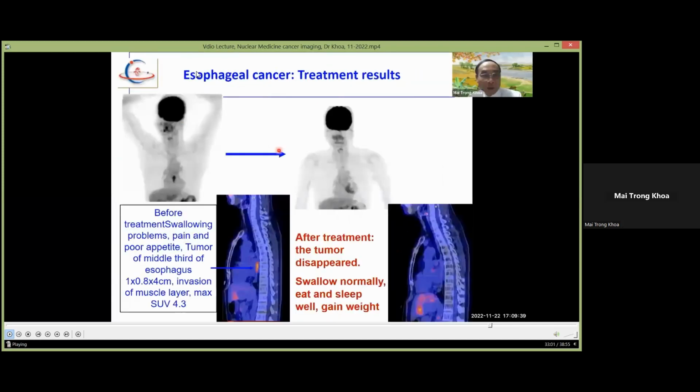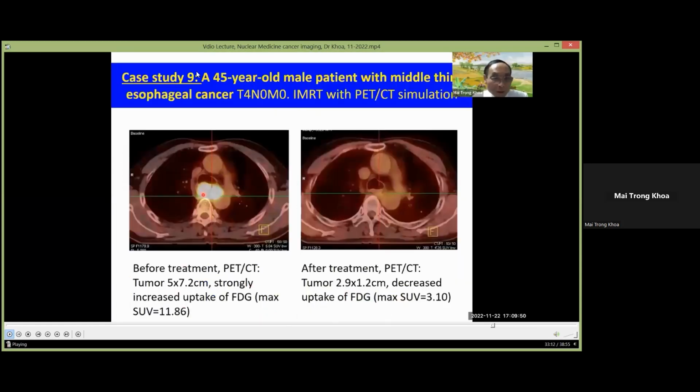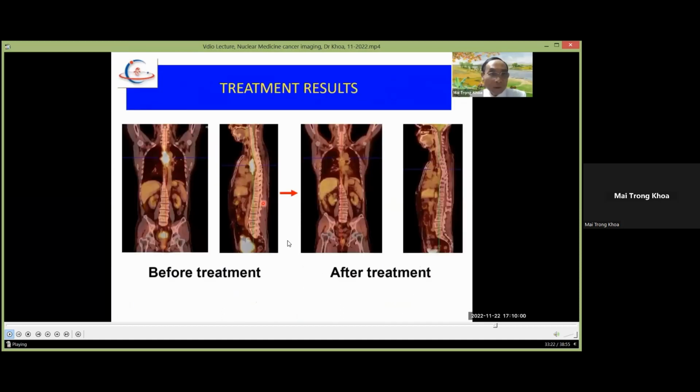And you can see here before the treatment and after. It's the same. Before the treatment and after, we cannot see anything. It's a negative image. Basically, the patient has a complete response.